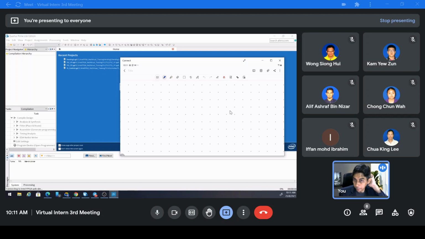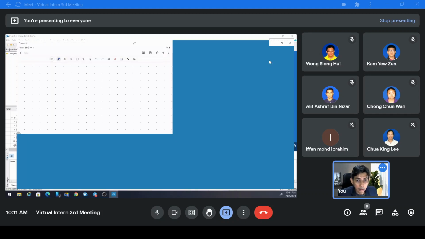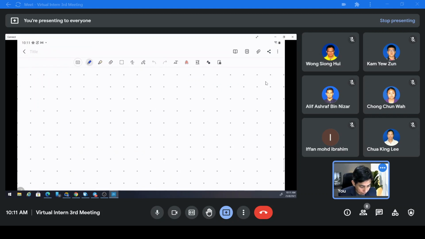I will share the file, the design, the example that we will use today in Telegram, so you can straight away use that design. So first, today we will look at, can you see the screen? Yes. First is, of course, the finite state machine, FSM.